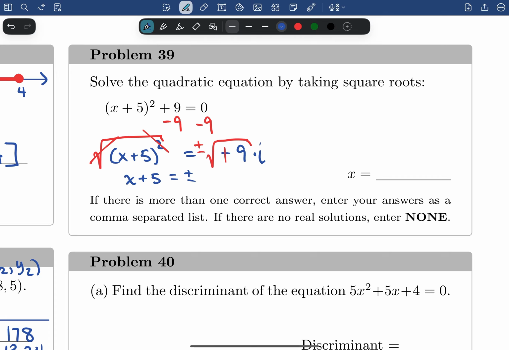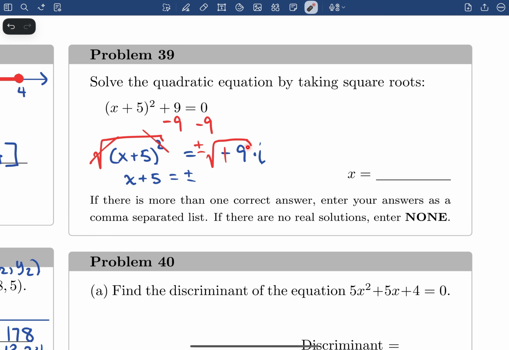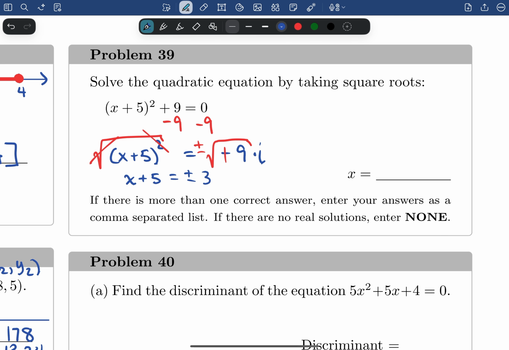It doesn't matter if you do it before or after the square root because multiplication is commutative. And so now I get the square root of 9, which is 3 times i. But before I'm all the way done, I first have to subtract 5 from the left side to the right side to get my answer, which is x equals negative 5 plus or minus 3i.